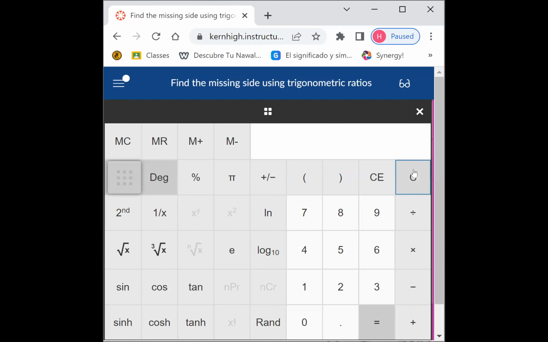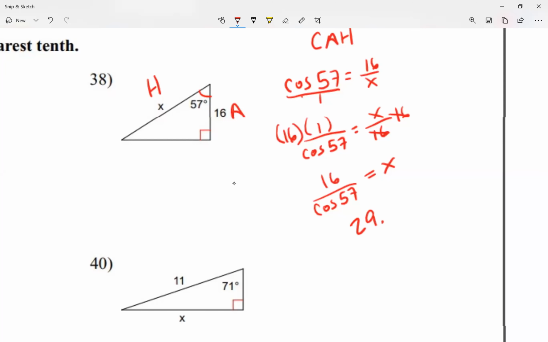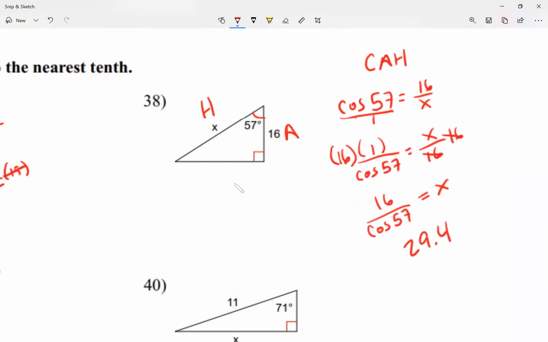So 16 divided by cosine of 57. 29.37. So I'm going to call that 29.4. Remember, nearest tenth means 1 decimal place.